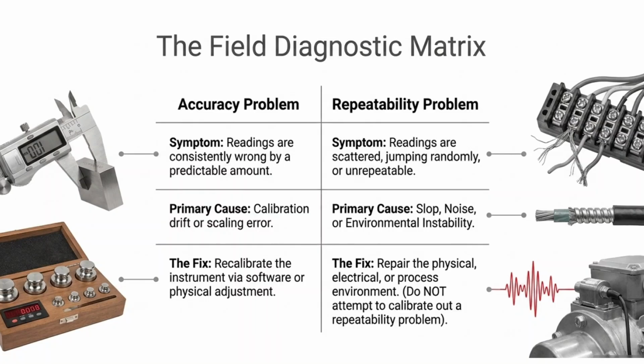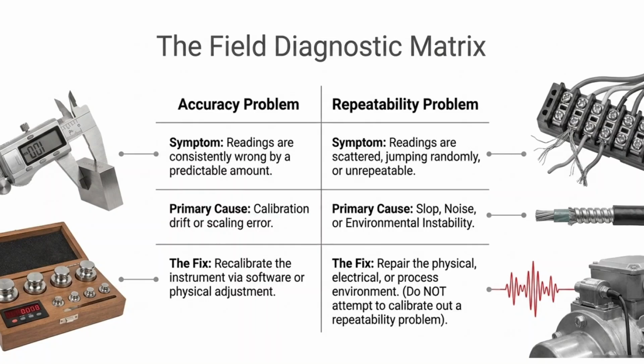So to bring it all together, accuracy is about truth. How close is your reading to the real value? Repeatability is about consistency. Do you get the same reading under the same conditions? They are related, but they are not the same thing.